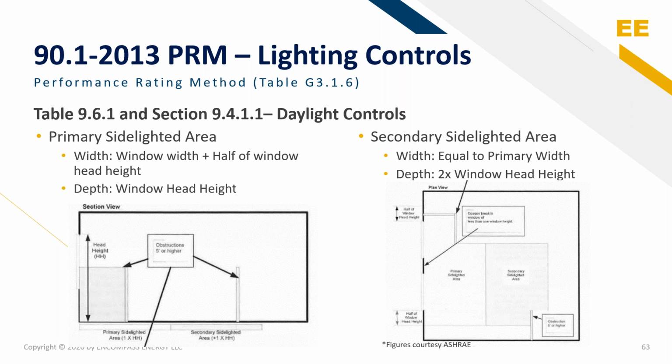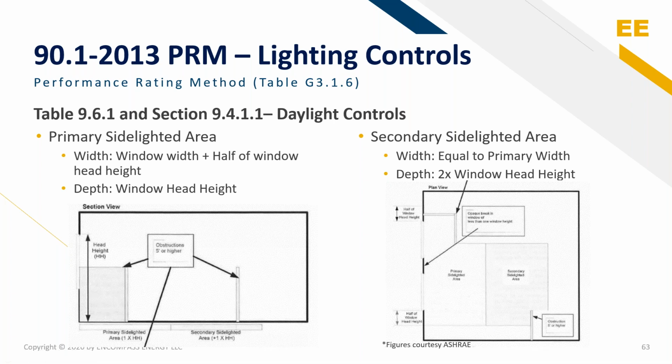So what is primary and secondary daylighted areas? I won't go into much detail, but generally it's one head height into the space that is considered the primary. So, say this is 8 feet to the top of your window, this depth will be 8 feet in, and your secondary daylighted area will be another 8 feet beyond that.